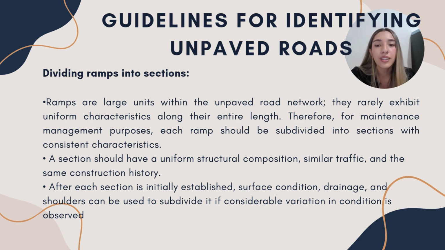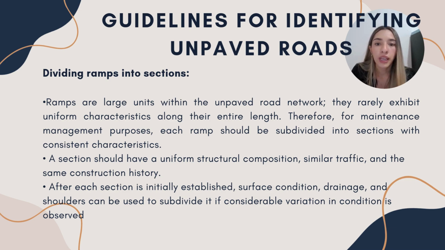Dividing branches into sections. Branches are large units within the unpaved road network. They rarely exhibit uniform characteristics along their entire length. Therefore, for maintenance management purposes, each branch should be subdivided into sections with consistent characteristics.